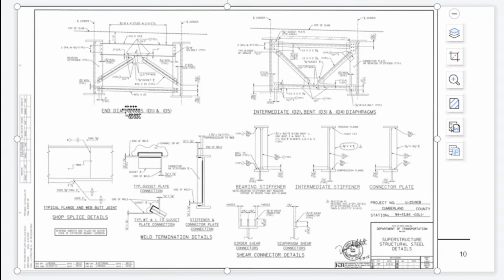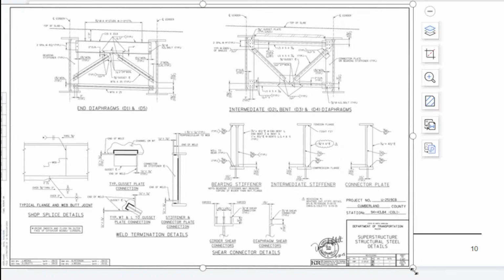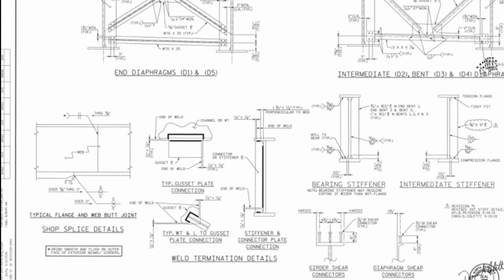So D1 and D5 are the end diaphragms. The interior diaphragms we are calling intermediate. These are interior diaphragms. What else?